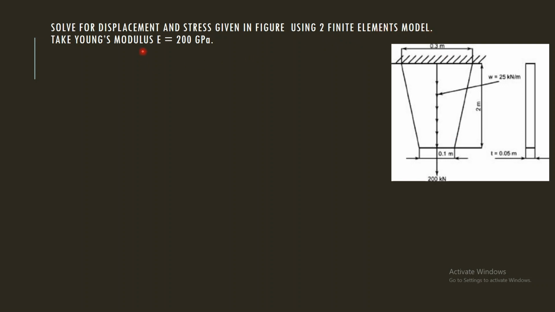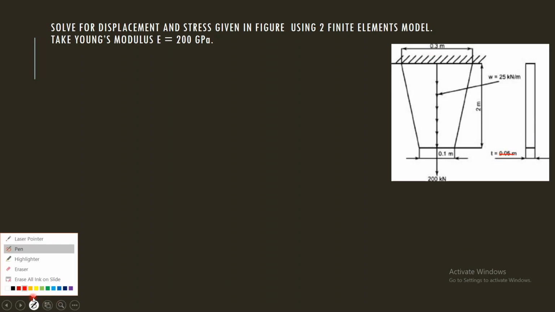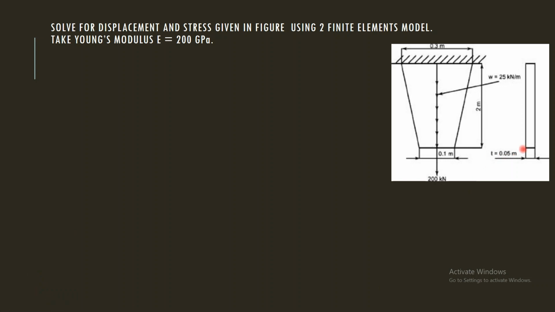Young's modulus is given as 200 GPa, and the other factors provided here are its thickness, and the length 0.3 meter and 0.1 meter at the top end and the bottom end, as well as the load magnitude 200 kilonewton. This is a point load.